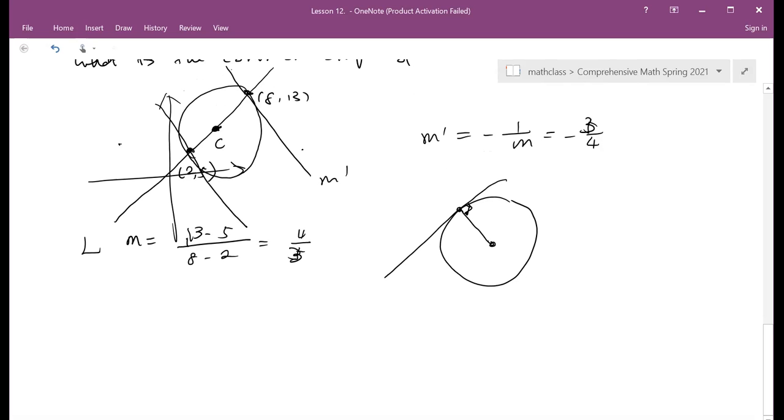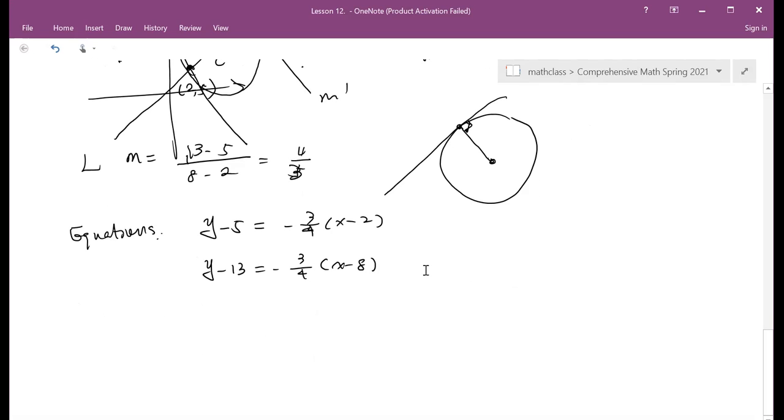The equation for the first line is y minus 5 equals negative 3 over 4 times (x minus 2). Another line is y minus 13 equals negative 3 over 4 times (x minus 8). The only difference between them after you simplify is the constant number.